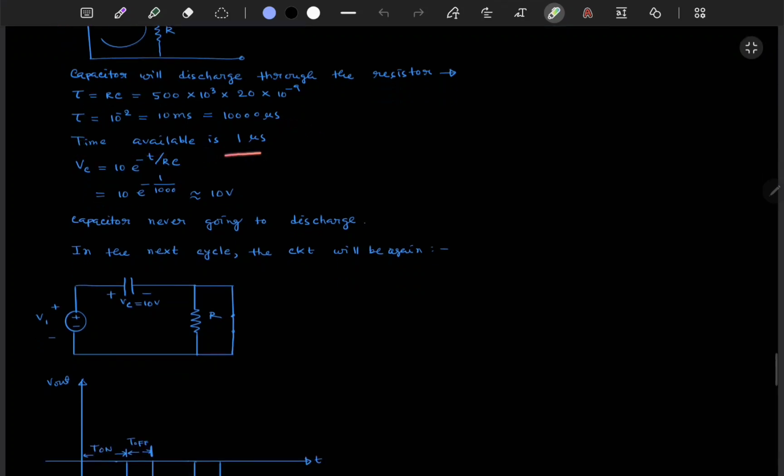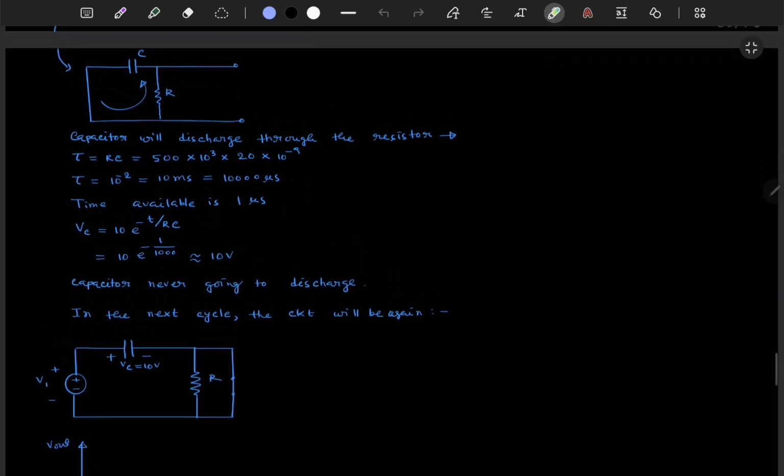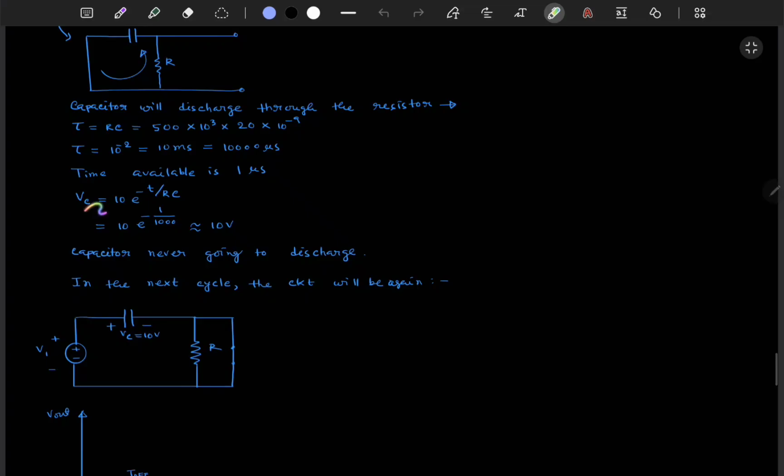The time available is 1 microsecond, because in the negative half, or the off cycle, this is 1 microsecond. So how much will VC be after 1 microsecond in the off state? VC can discharge only up to 1 microsecond, because after that the on state comes again.